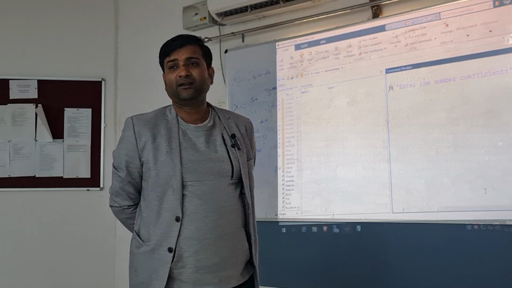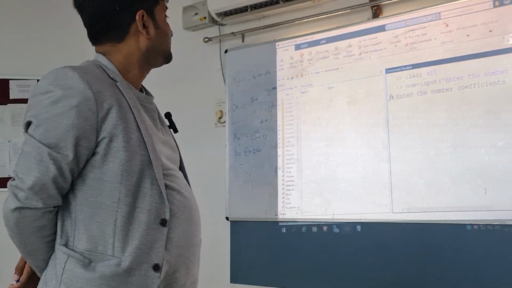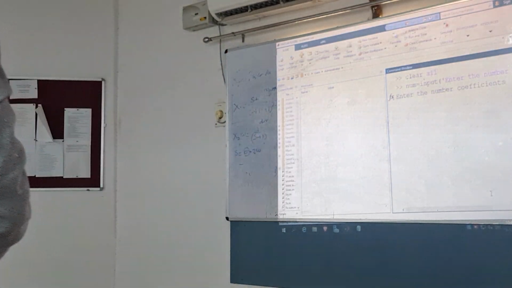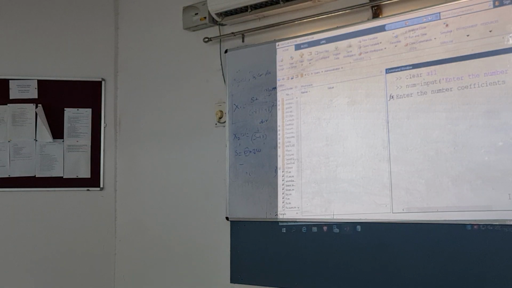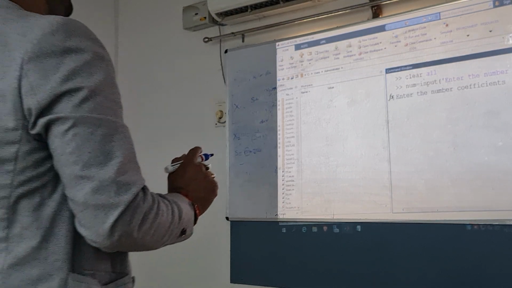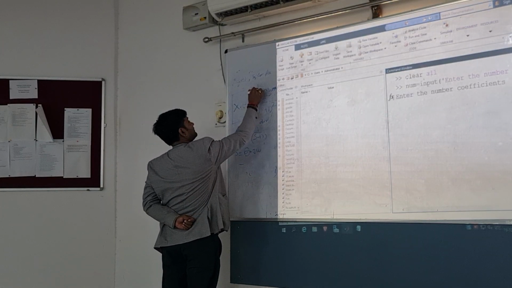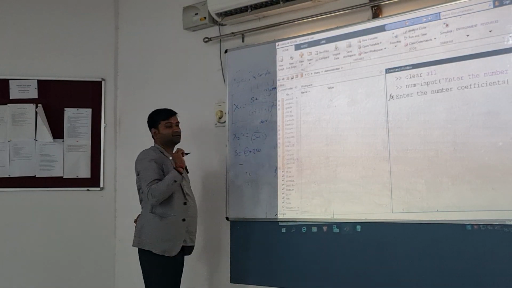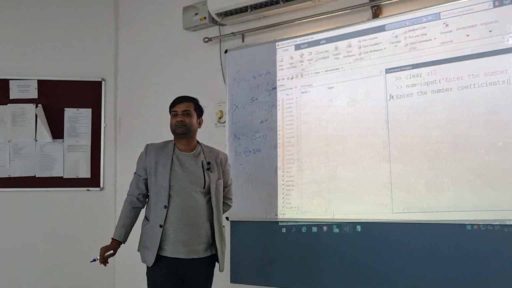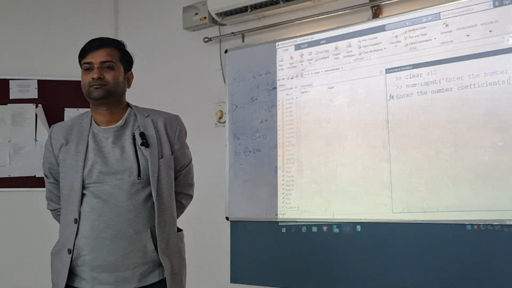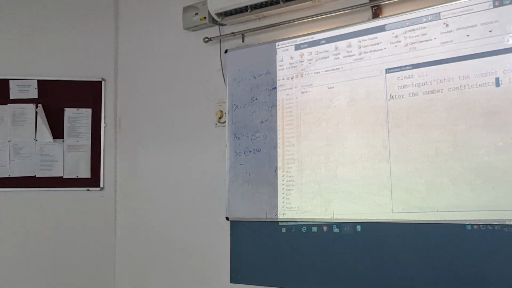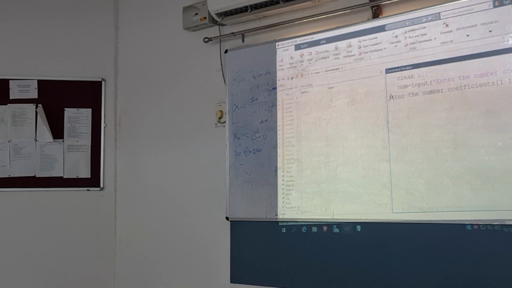Then you have declare the 1 1 1 1 1 in bracket, and then declare the denominator coefficient.